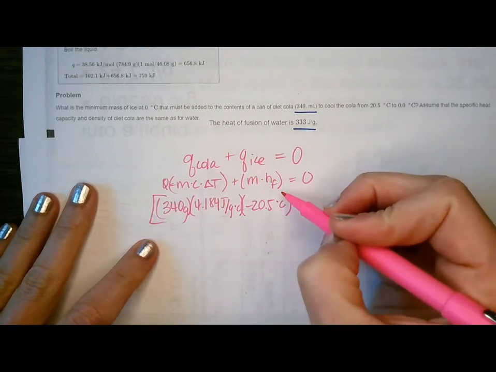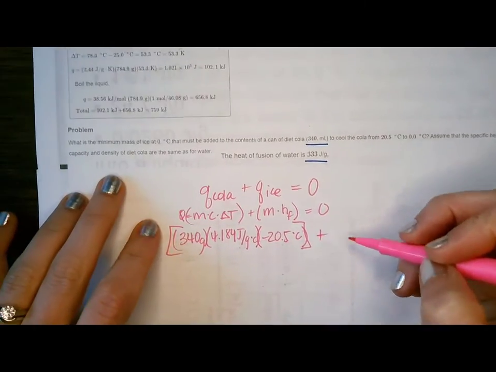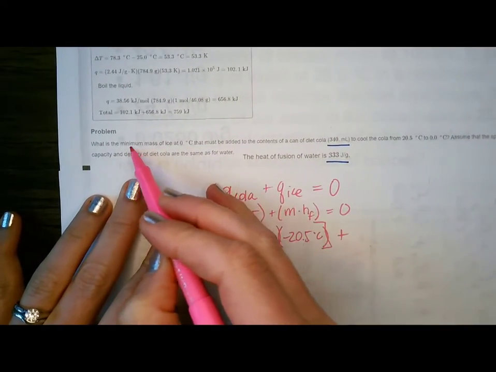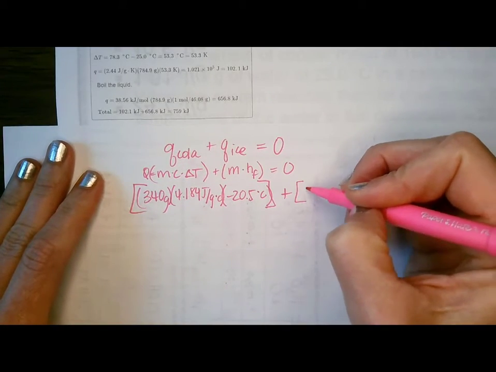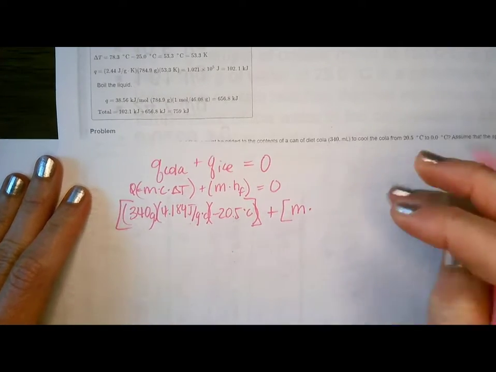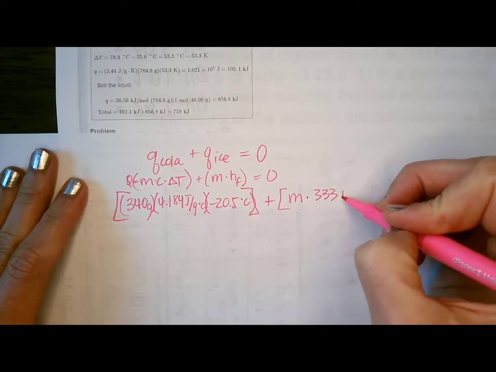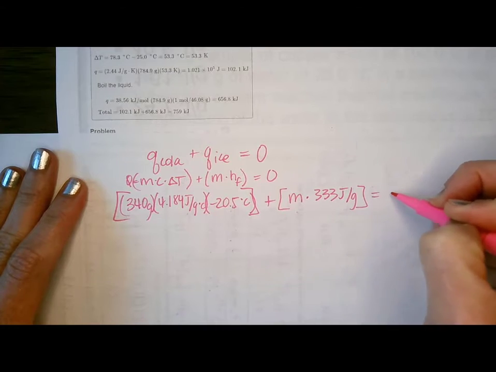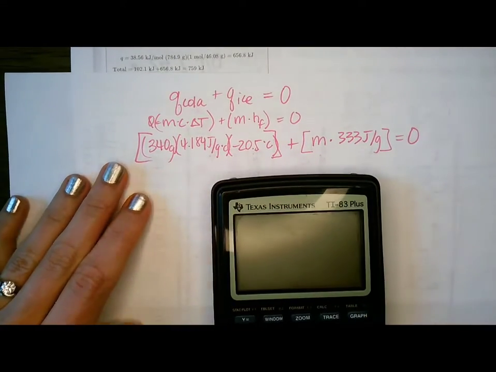So we've got that. Now we're going to say plus, we don't know the mass. What is the minimum mass of ice? We don't know the mass of ice. So I'm going to say M times heat of fusion of water is 333 joules per gram. And that's equal to 0. So let's do some simplifying.